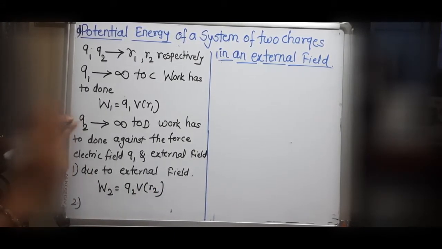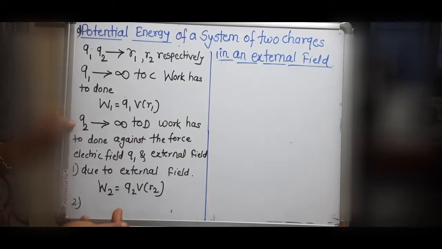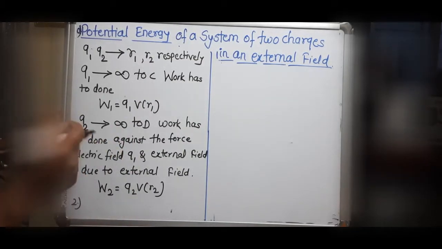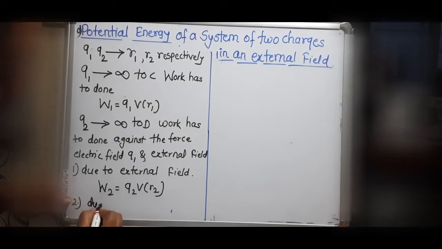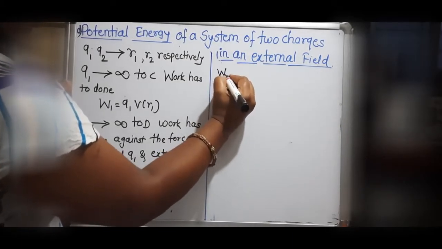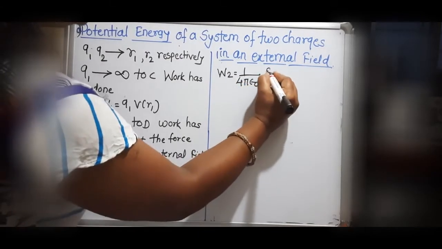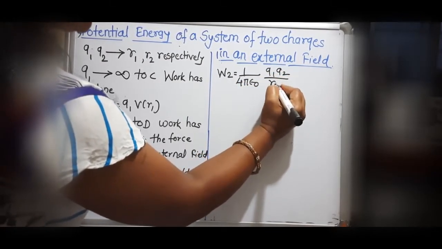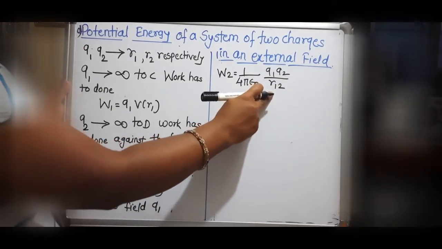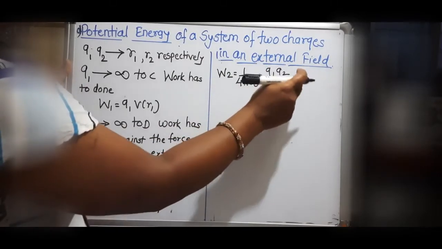Then when this charge Q2 is brought from infinity to D, work has to be done against the force due to the field of charge Q1. So this work is given by the formula 1 upon 4 pi epsilon 0, Q1 Q2 upon R12, where R12 is the distance between the charges Q1 and Q2.